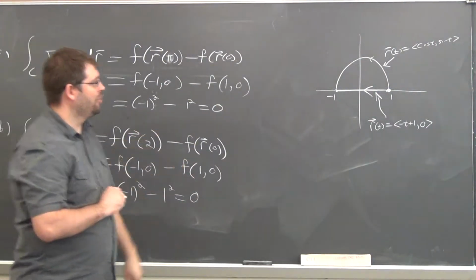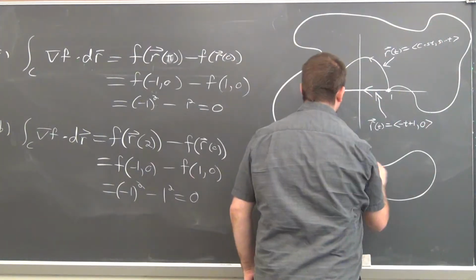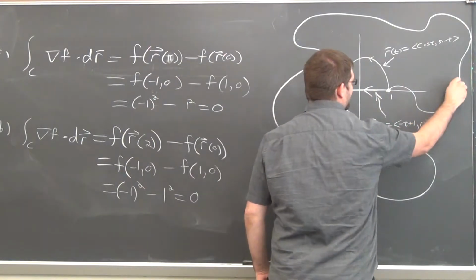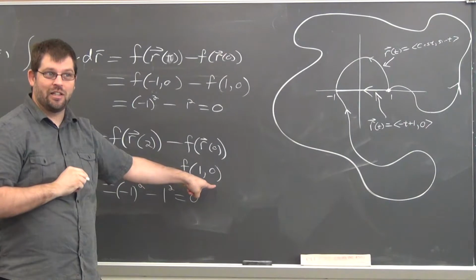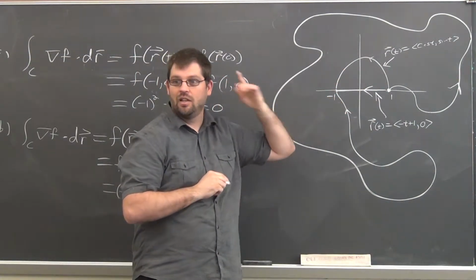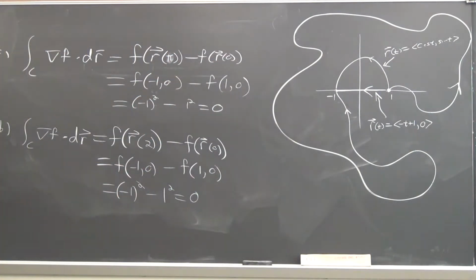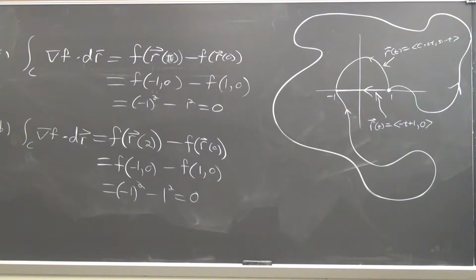So no matter what curve I pick, say one that went like this, I'd get the exact same answer, 0, because I just get my starting point minus my end point. Does that make sense? That's why knowing that a vector field is conservative is so important: it's really easy to compute these integrals using this idea. Does that make sense? Okay.